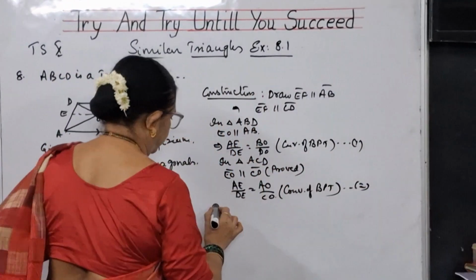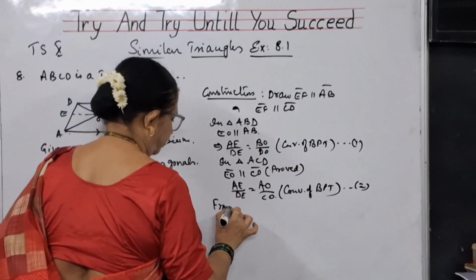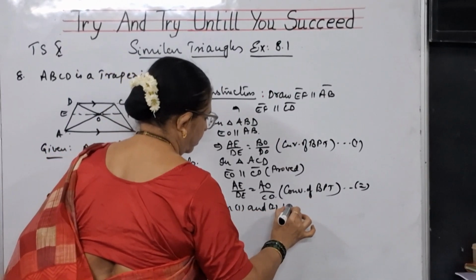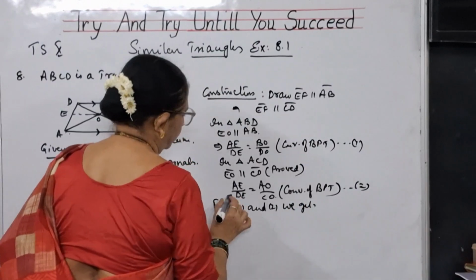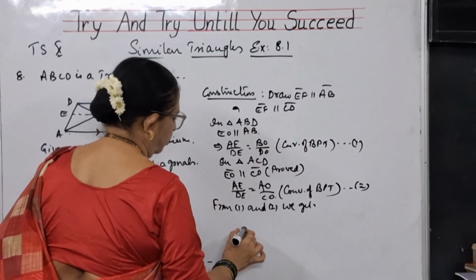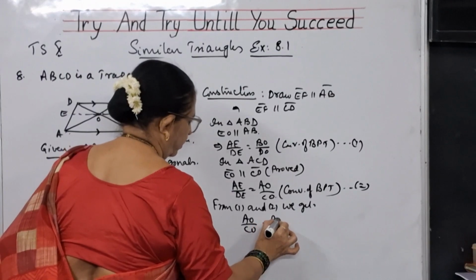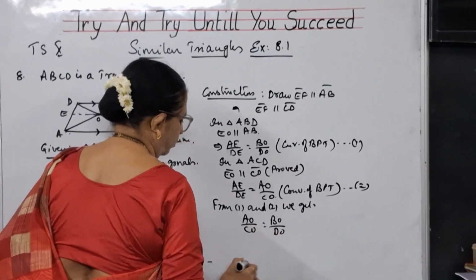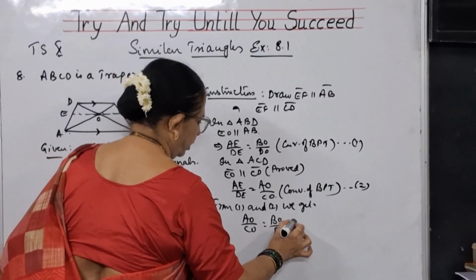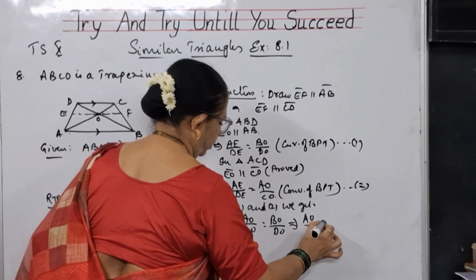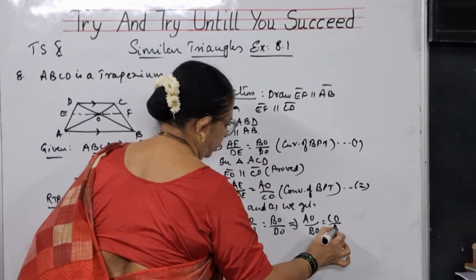This is second equation. From 1 and 2, we get, see, LHS are same. So AO by CO is equal to BO by DO. What does this imply? This implies AO by BO is equal to CO by DO.